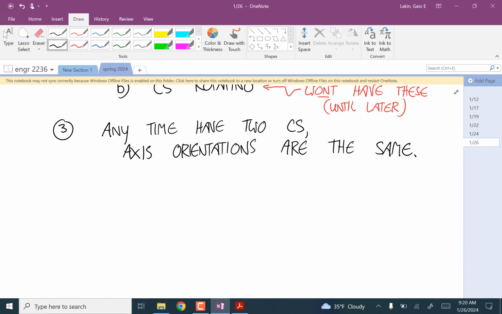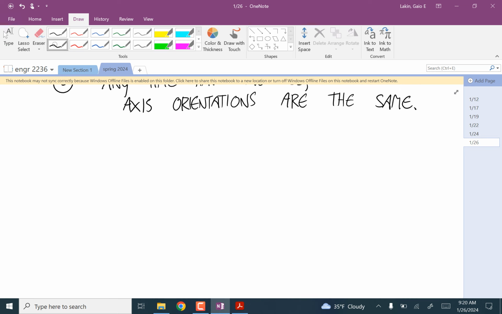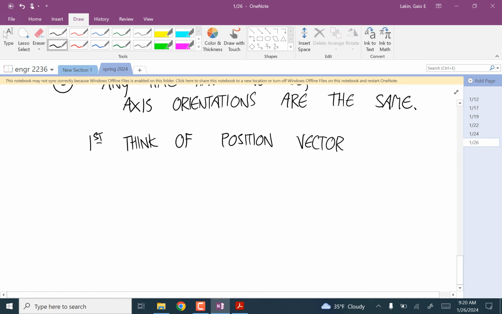Okay, so now first think of position vectors of an object, some defined object. And that object, I'm going to call P for position.